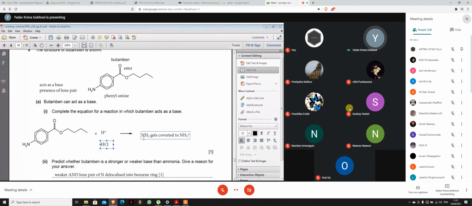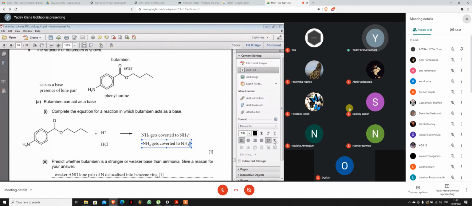When we put HCl, we have a small change over here. NH2 will remain as NH2, the NH3 is going to remain as NH3, the plus will be plus.